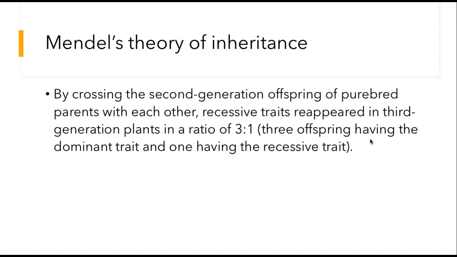Then what he did was he would take the second generation offspring of purebred parents and cross them with each other, and he found that the recessive trait would reappear in the third generation in a ratio of 3 dominant to 1 recessive. So what he would do is he would take those tall plants that came from the tall and the small, that all produce tall.